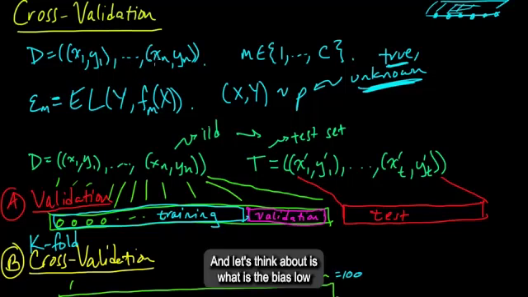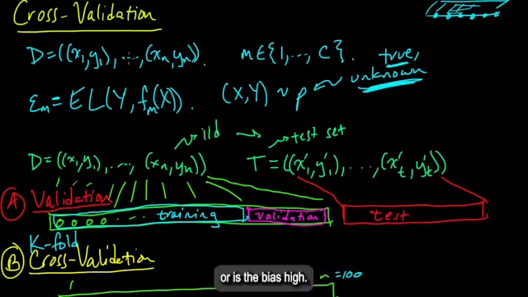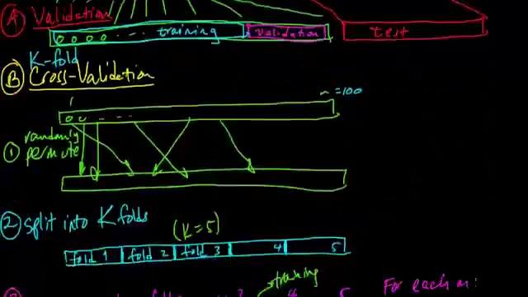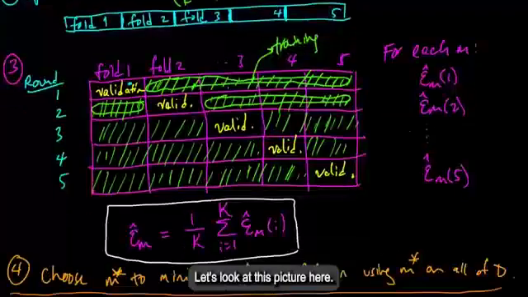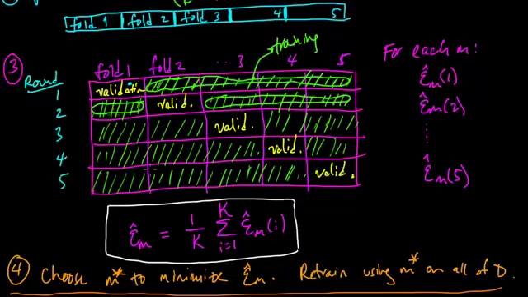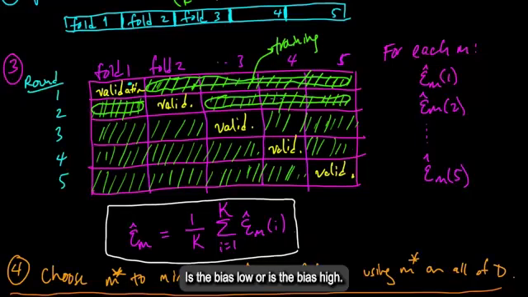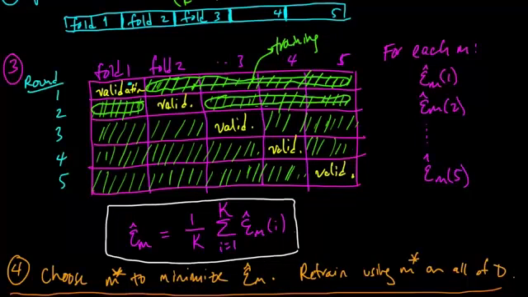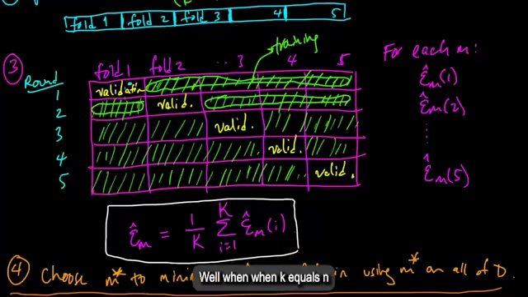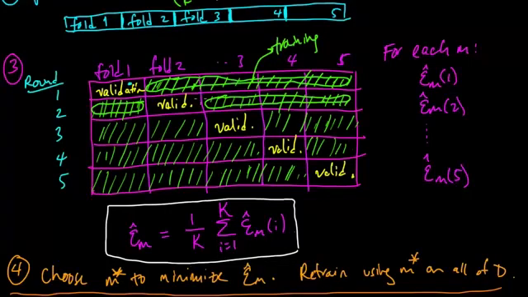And let's think about it. Is the bias low or is the bias high? Let's look at this picture here. Well, when k equals n, the training set is almost the entire data set.